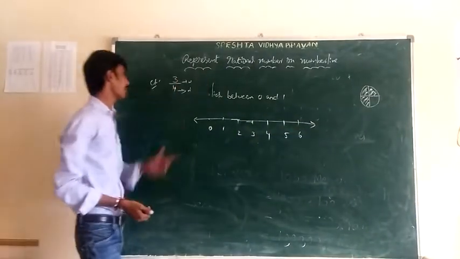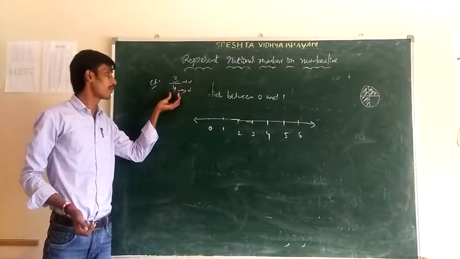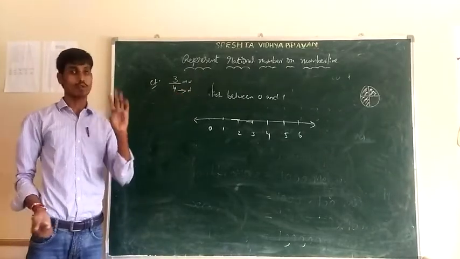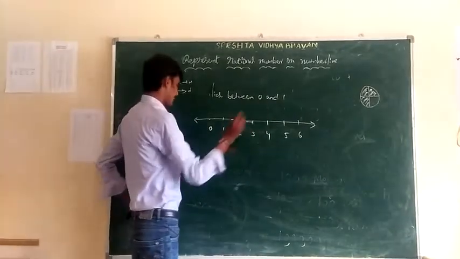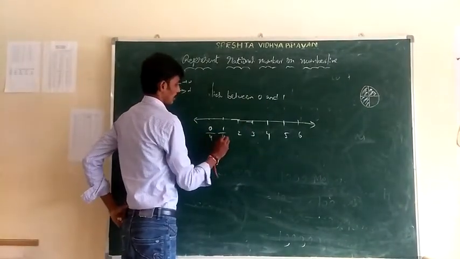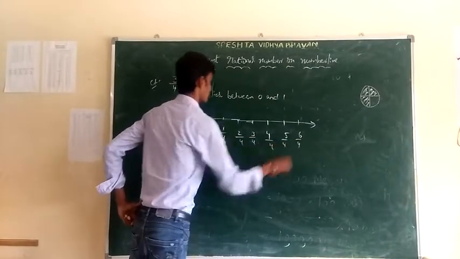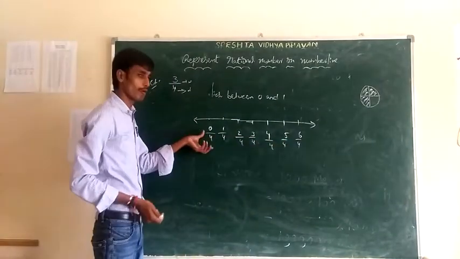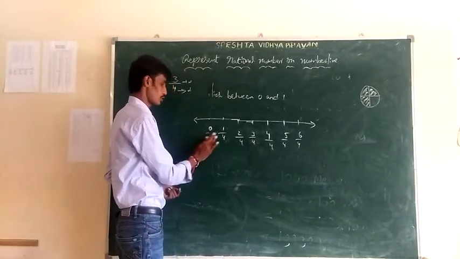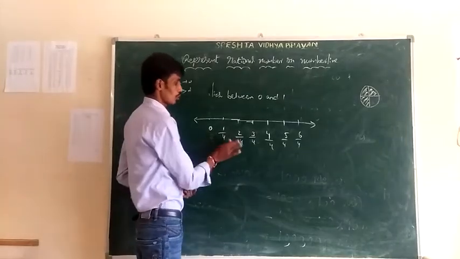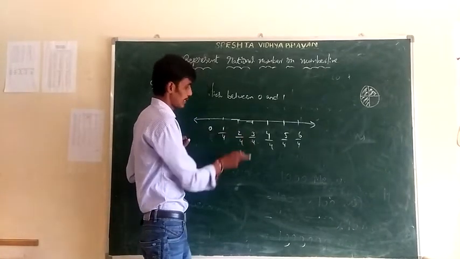The denominator indicates the total parts will be divided into 4 equal parts, so each unit is divided into 4. That means 0/4, the value is 0. Then 1/4, and 2/4, which is equivalent to 1/2.